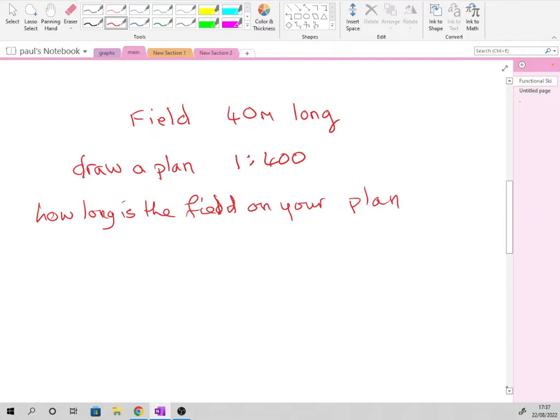So what we need to do is, now this side represents that one. So our plan must be 400 times smaller than this. So we're going to go 40 divided by 400, which is equal to 0.1 of a meter, which equals 10 centimeters.